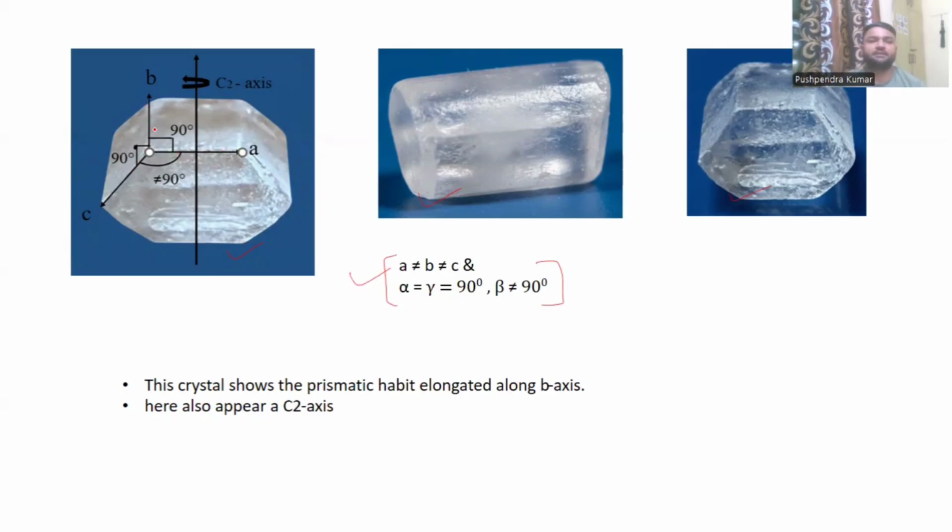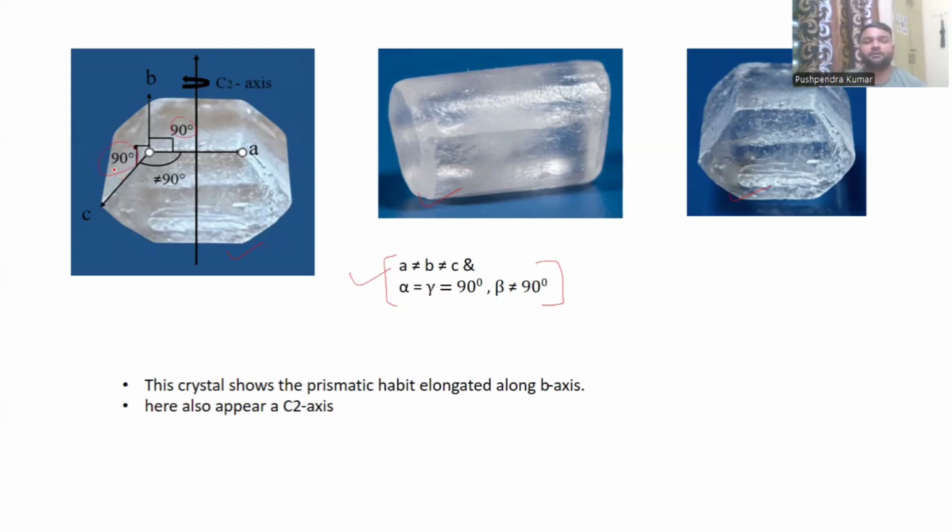And here we can see the angle between A and B, which is known as the gamma angle, is approximately 90 degrees, and the angle between B and C, which is known as the alpha angle, is also approximately 90 degrees.